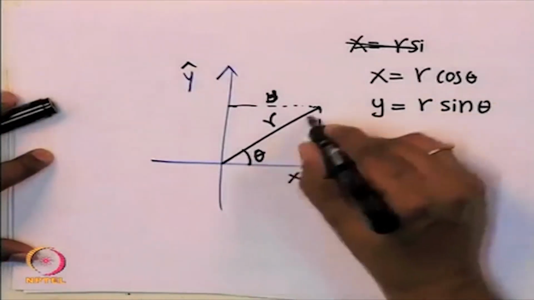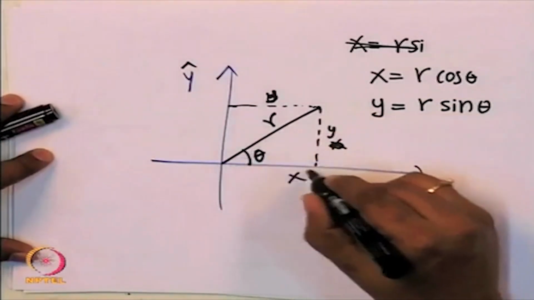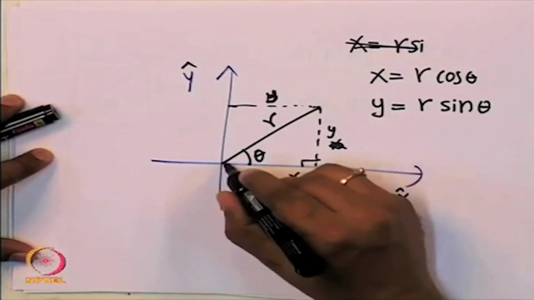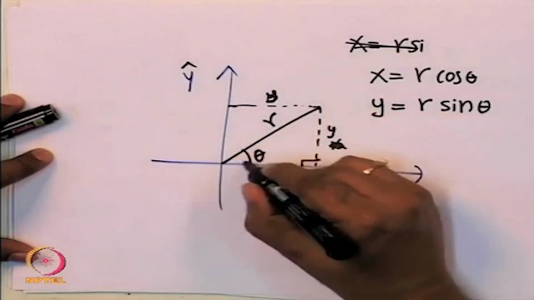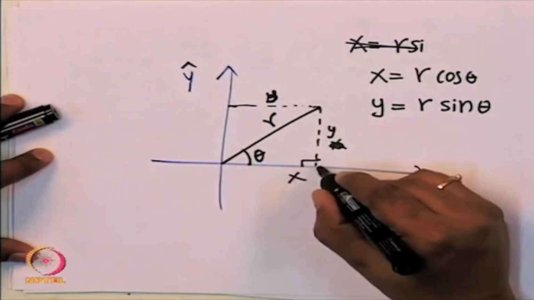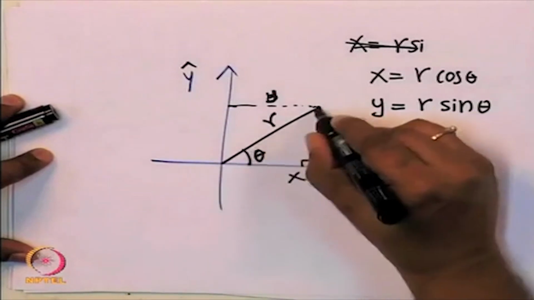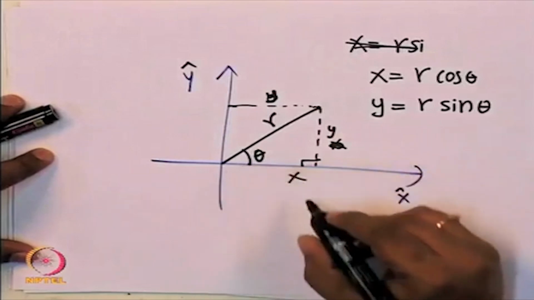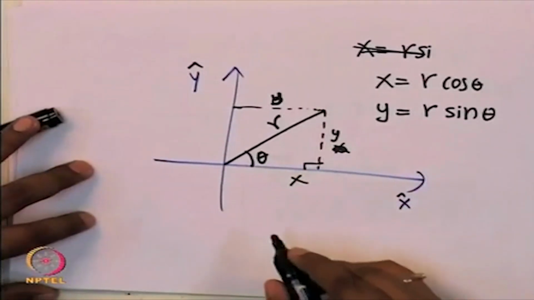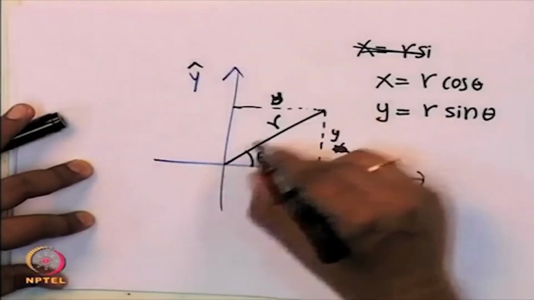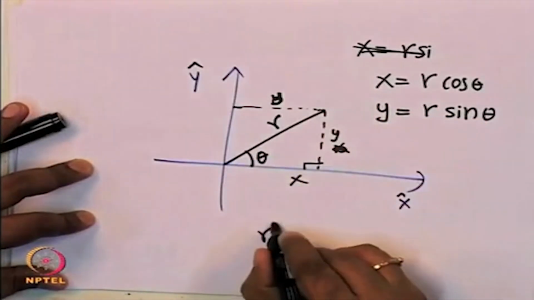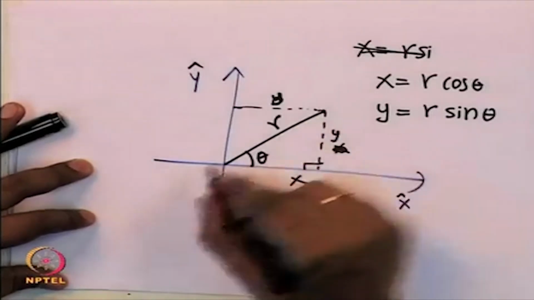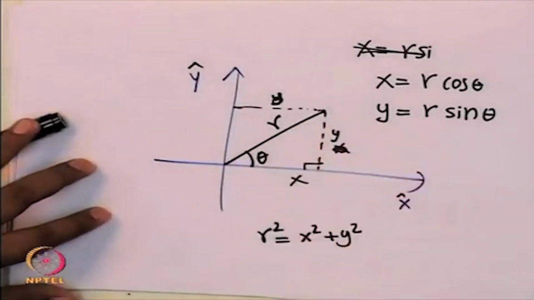This is a right triangle, with this being 90 degrees, and we know the famous Pythagoras theorem, which says that r square is x square plus y square.